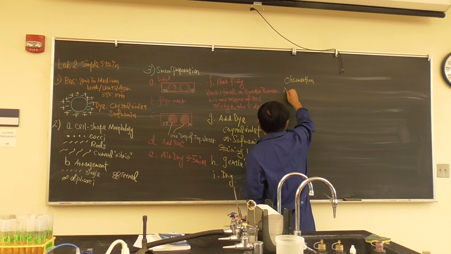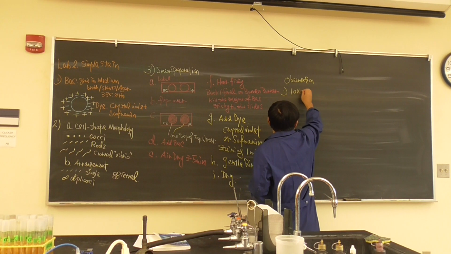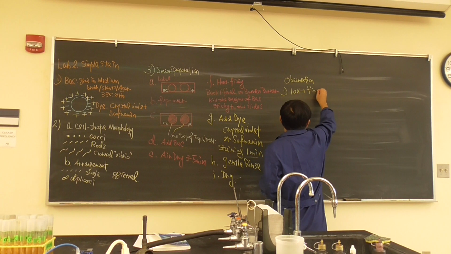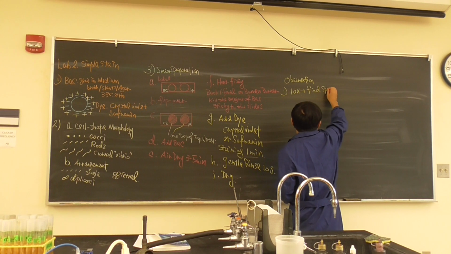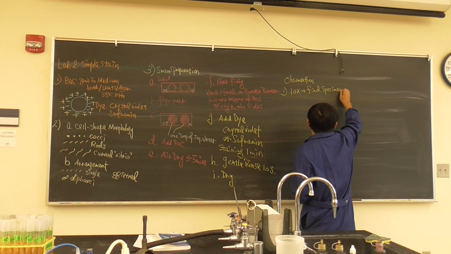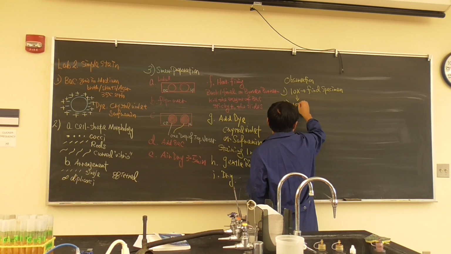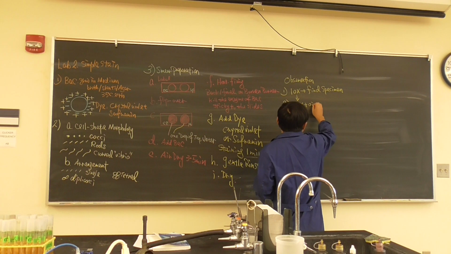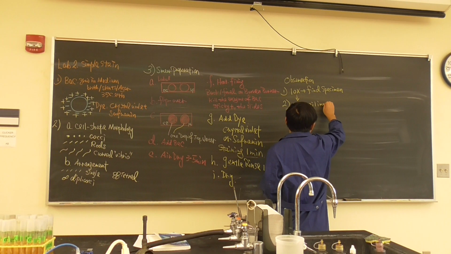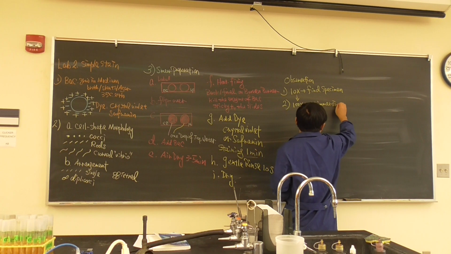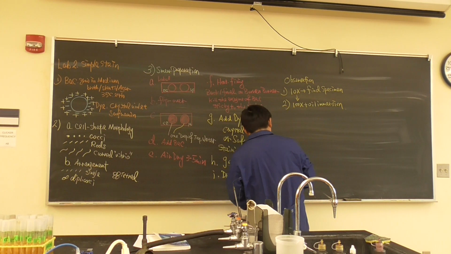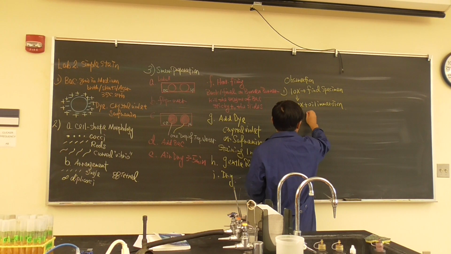We were using 10x. We're going to find the specimen, and then we're going to move on to 100x with oil immersion, and then you will see two basic pieces of information. Number one, morphology.